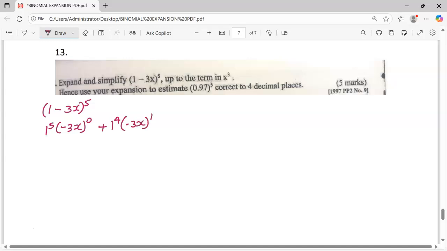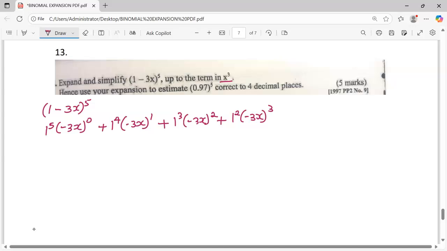Remember, the powers of 1 will descend as the powers of negative 3x ascend, plus 1 to the power of 3 multiplied by negative 3x squared, plus 1 to the power of 2 we multiply by minus 3x cubed, and we stop there since we are supposed to expand up to the term x to the power of 3. After we have done that, we simplify.